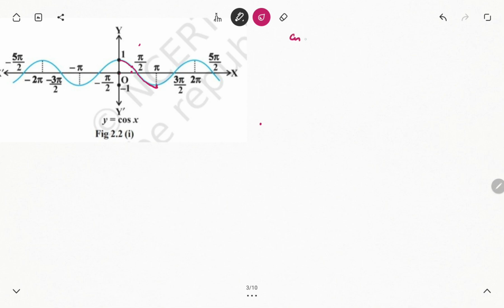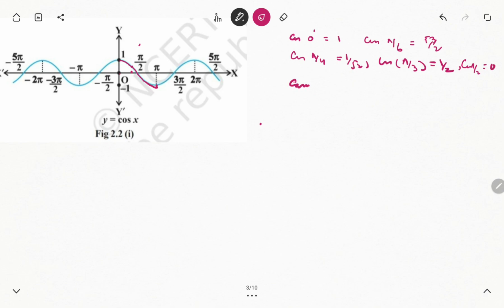I recall cos of 0 is 1. Cos of pi by 6 is root 3 by 2. Cos of 45, pi by 4, is 1 by root 2. Cos of pi by 3, that is 60, is 1 by 2. And cos of pi by 2 is equal to 0.